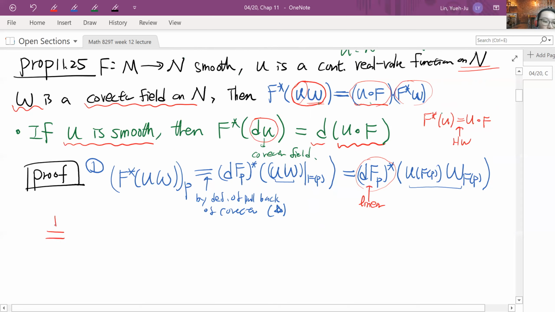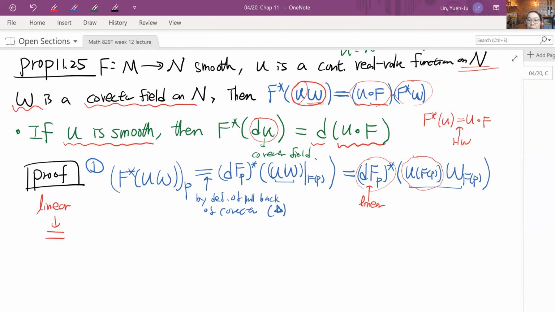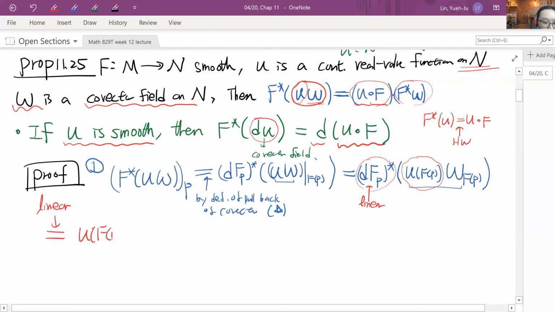Since it's linear, I can factor out any scalar. This is a scalar here, because u is a real-valued function, so when you evaluate at a point, it's a scalar. So you can factor out the scalar, and the remaining part is only the pullback of this particular covector.